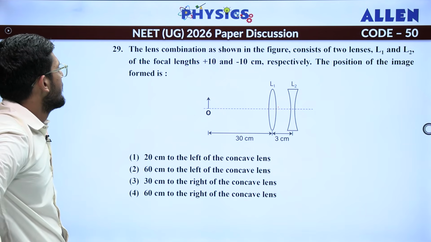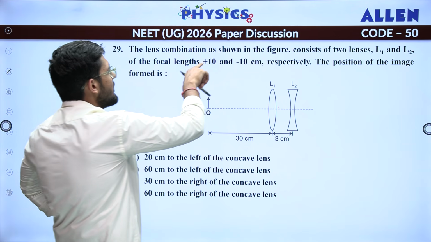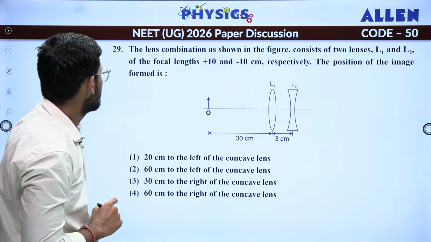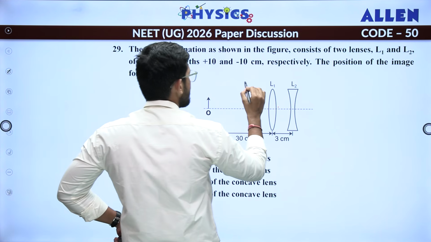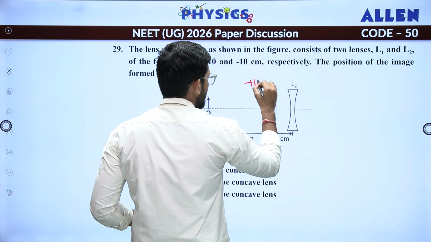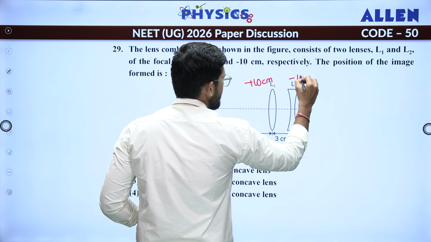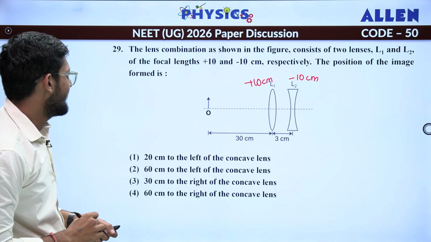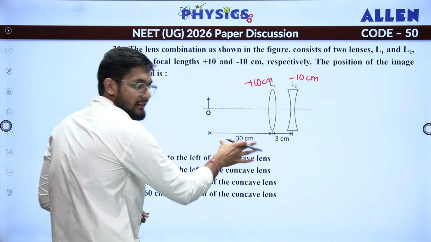Next, 29th. So lens combination as shown in the figure consists of two lenses, L1 and L2. The focal length of the first lens is plus 10 and this is minus 10 centimeters. The position of the image formed is, so this is 30 centimeters.